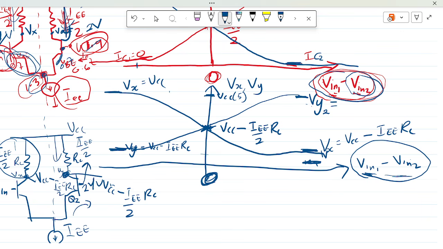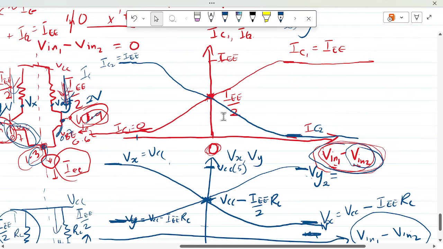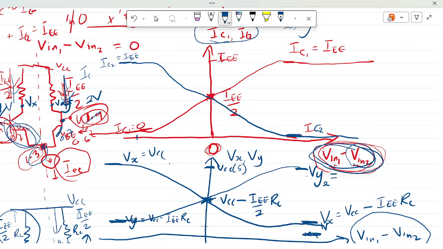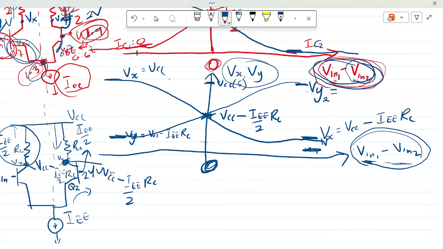Okay. All right. So we have the differential input and the currents, and here we have the individual output at the single-ended voltages against the differential input.